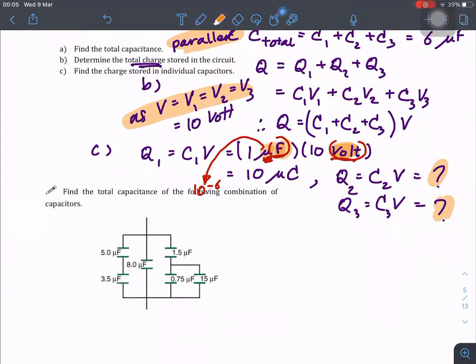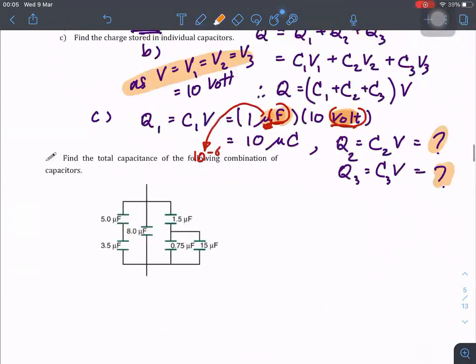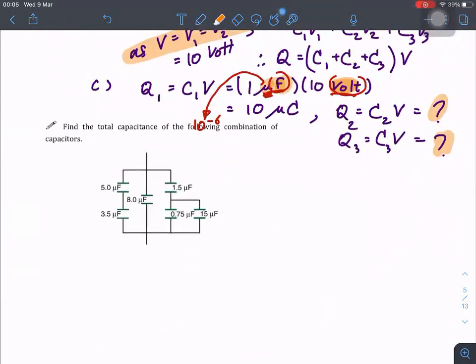Then in this example, find the total capacitance of this combination. Okay, so let's start by combining these parallel ones first because it is easy.